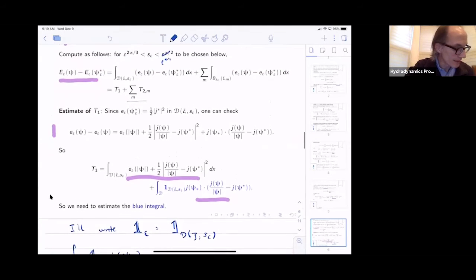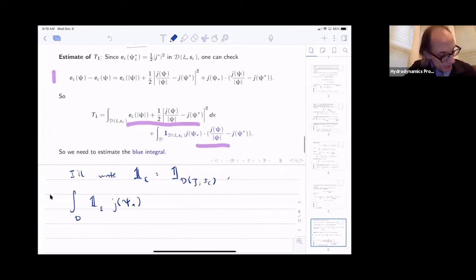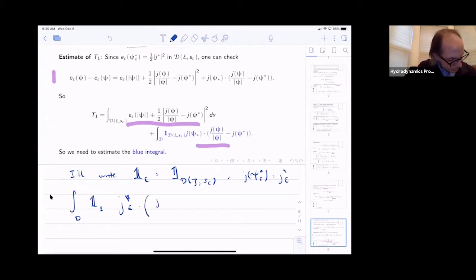So the point is that, J of psi star. Okay, so this is this guy we know explicitly. I'm going to first add and subtract.